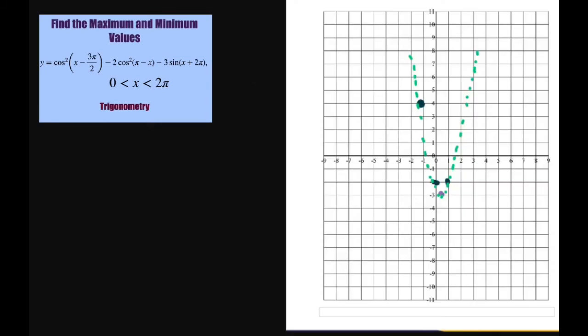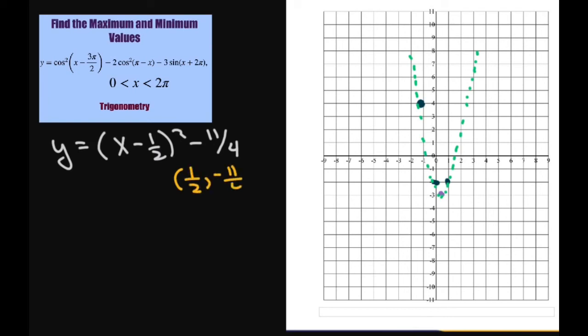So basically, I did a little sketch of it. Let's write it down. y equals 3 times big X minus 1/2 squared minus 11 divided by 4. That means our vertex is at 1/2 comma negative 11/4. That is right here.